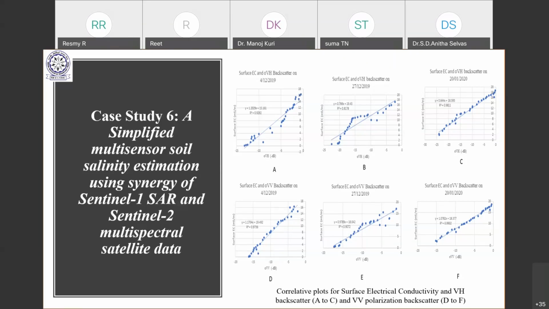As you know, as the water content increases, the conductivity will also increase. The second thing is that as the salt content in the soil increases, the electrical conductivity will increase.